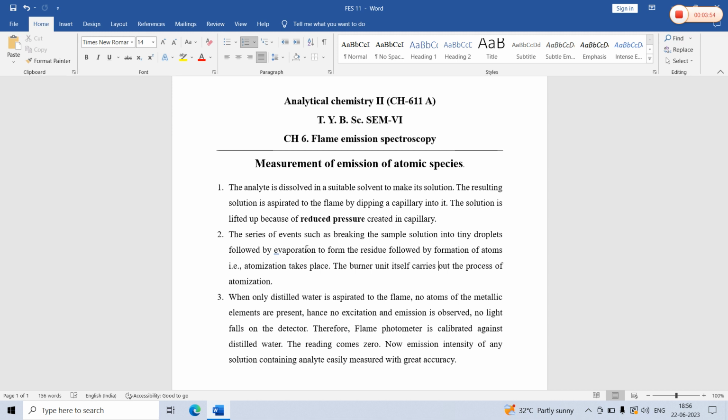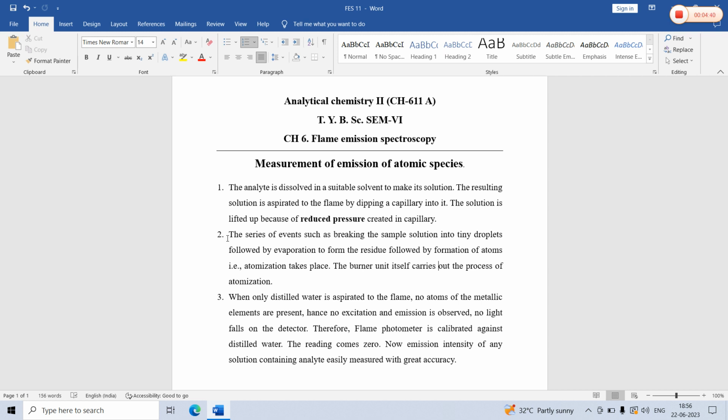The burner unit itself carries out the process of atomization.